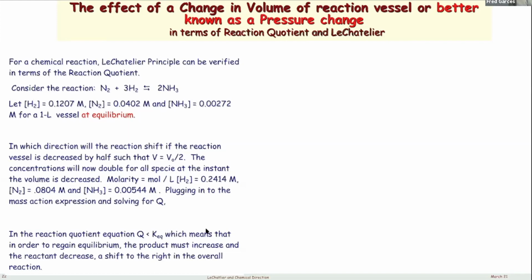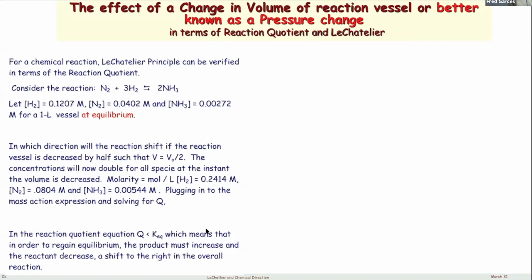Well, the partial pressure of nitrogen, hydrogen, and ammonia hasn't changed. If the partial pressure of nitrogen, hydrogen, and ammonia hasn't changed, then the mass action expression hasn't changed, and the reaction is not going to shift one way or the other. Okay, so adding an inert gas does nothing to the equilibrium. Why?